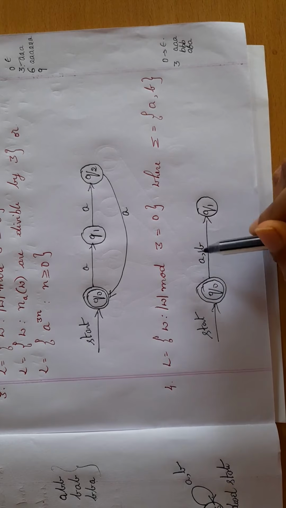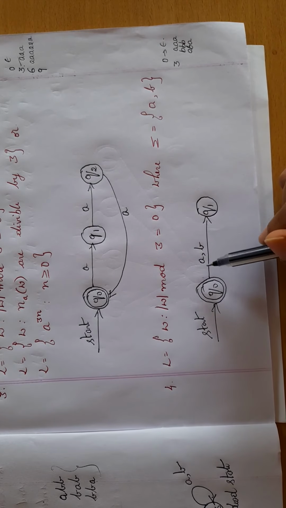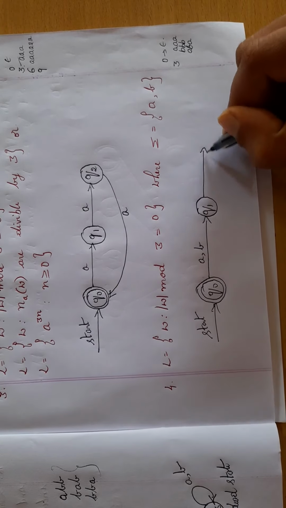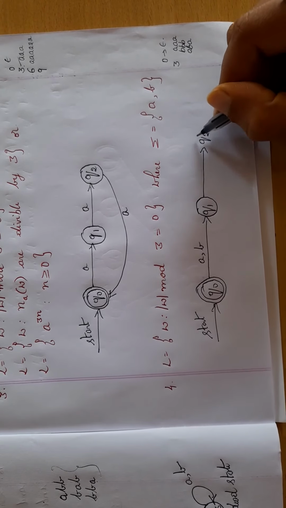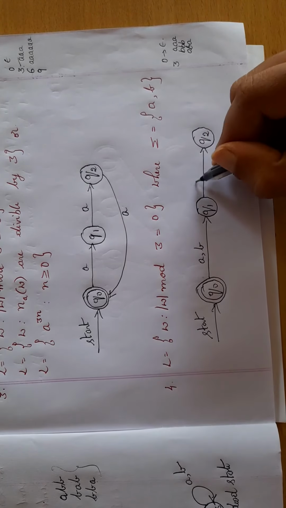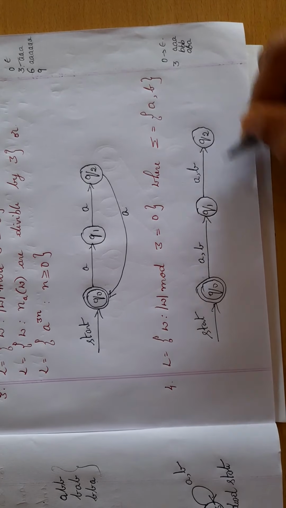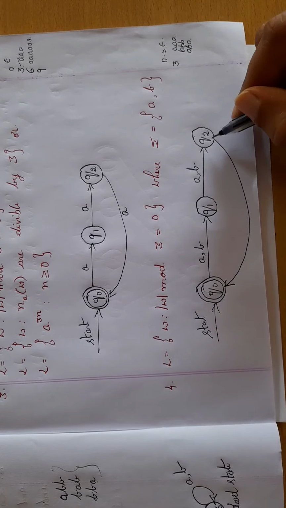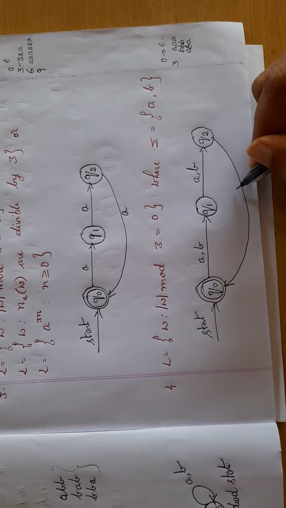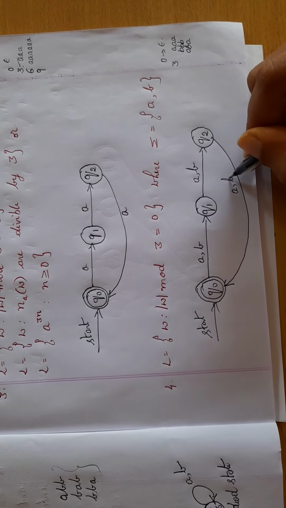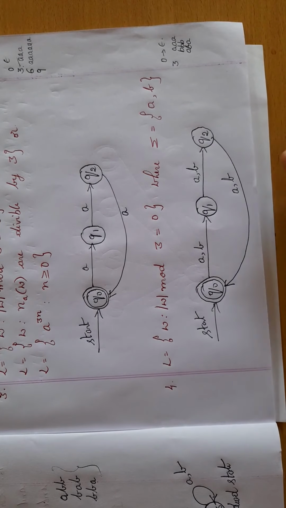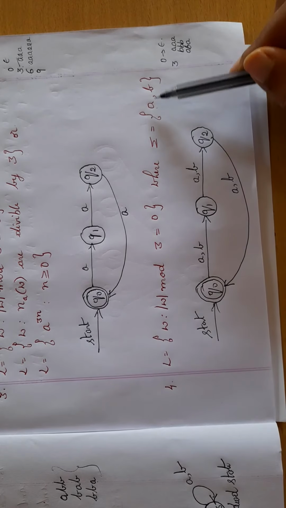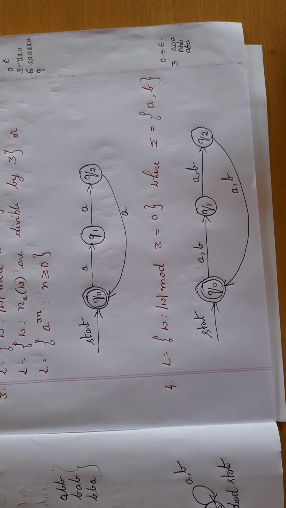For the next transition, once again, either A or B. From Q1, I'll go to the next state Q2, again either A or B. From Q2, I'll come back to Q0, once again either A or B. So this is the DFA with respect to A and B for mod 3 equal to 0.